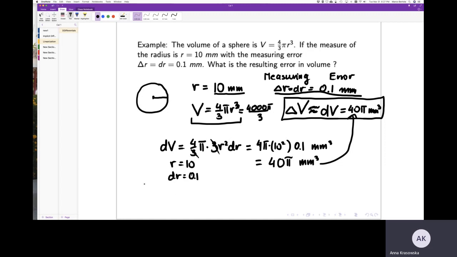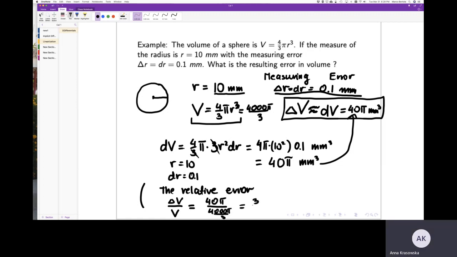And the last thing, the relative error will be just delta V, or dV, over total V, which here is 40 pi over 4,000 pi over 3.